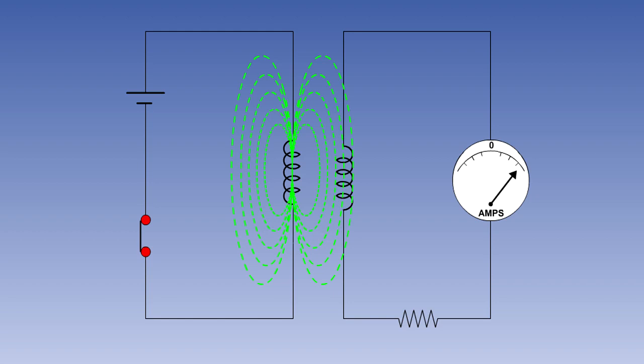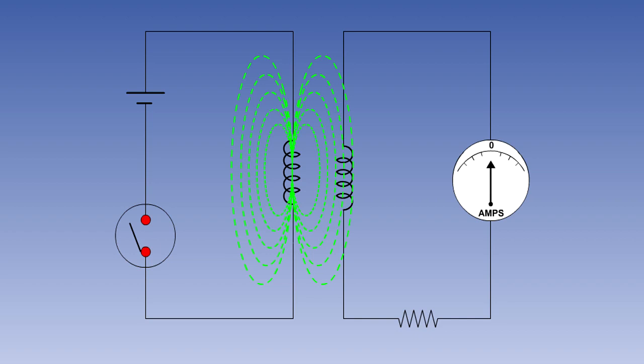Once the current flow in the primary circuit stabilizes, the magnetic field will also stabilize. The lines of flux will have no movement relative to the secondary coil, and the induced current will fall to zero. When the switch is opened, the current flow in the primary coil will fall to zero, and its magnetic field will collapse.